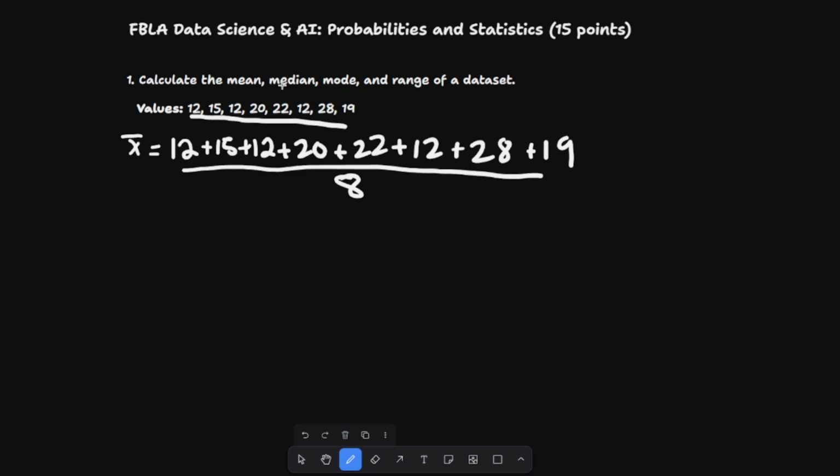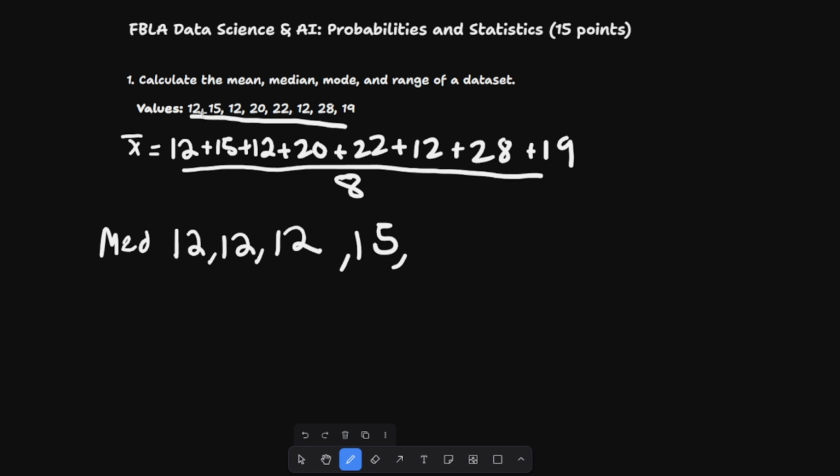And then for the median, essentially we need to be able to order the data from the lowest value to the highest value. So let's start by doing that. So we have 12s as our lowest value, and I think we have 3 of them. So that's 12, 12, 12. And then we also have a 15, so I'll put that.